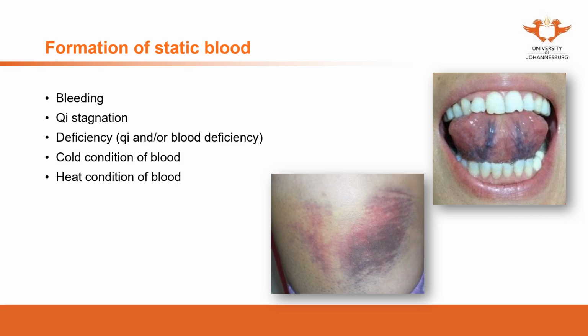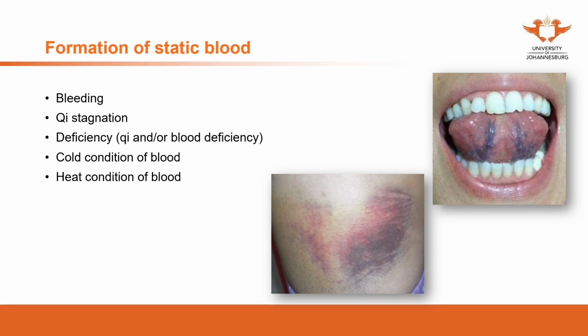The bleeding can be out of the skin, which we can see, such as after injury or a cut, or under the skin, where you see the bruise but don't see the blood on top of the skin. So the first is bleeding.